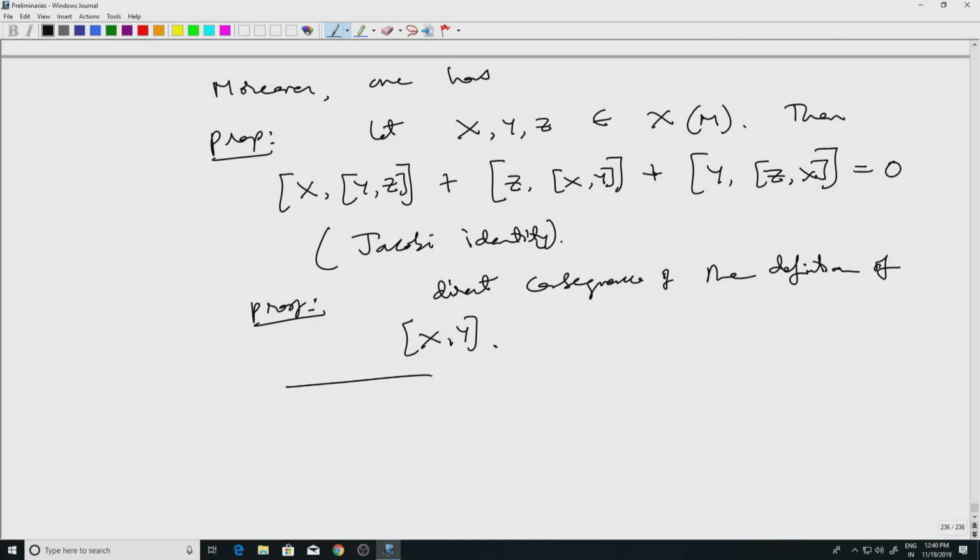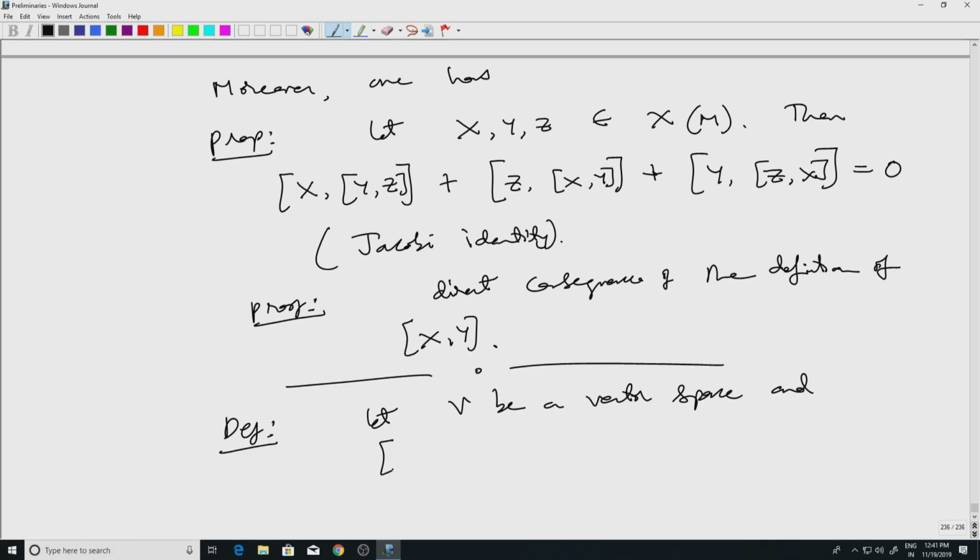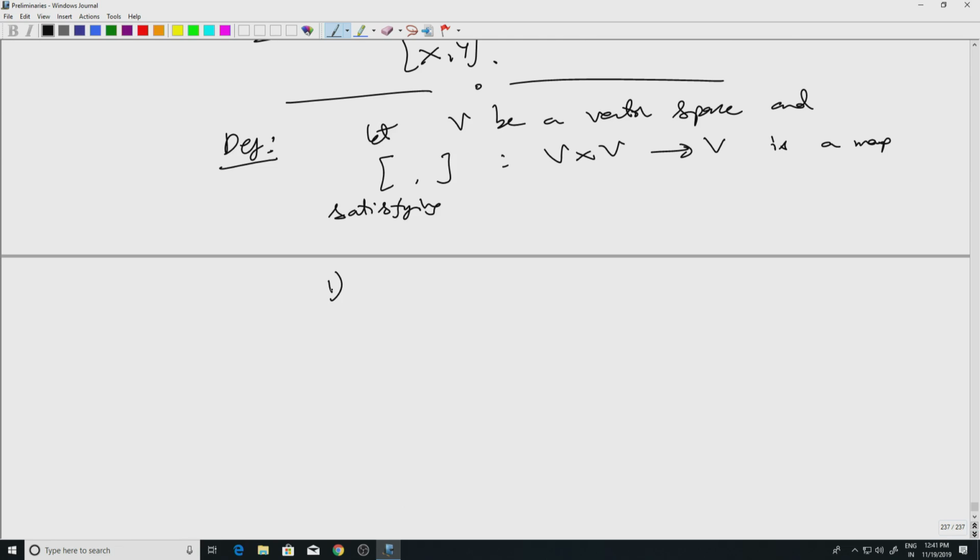Now such a thing has a name. Definition: let V be a vector space and suppose I have a bracket as a map which is satisfying the following three properties. First, this map is bilinear.